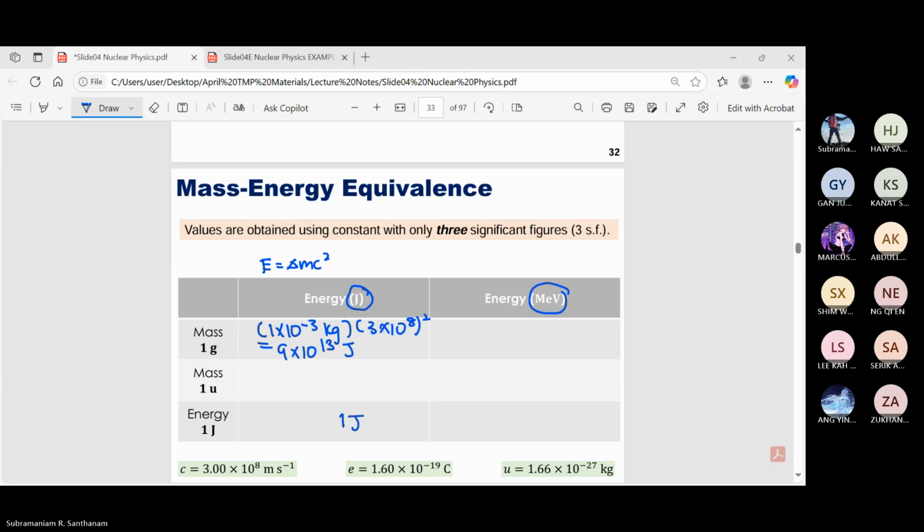So then when I bring it up, 1 over 1.6, what do you get? Power of minus 13, I bring it up, will become times 10 power of 13. 1 divided by 1.6 is 0.62. So this will be the MeV.